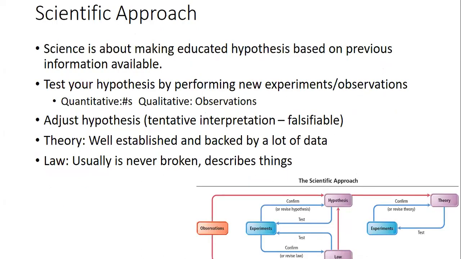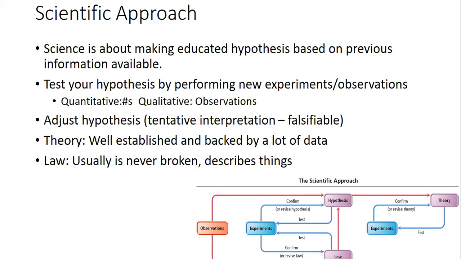Now, this is a science class, and so we need to understand the scientific approach if we want to do science, right? Because science is really making observations, creating a hypothesis based on those observations, performing controlled experiments on those hypotheses, and either confirming those hypotheses or modifying them based on our experiment.